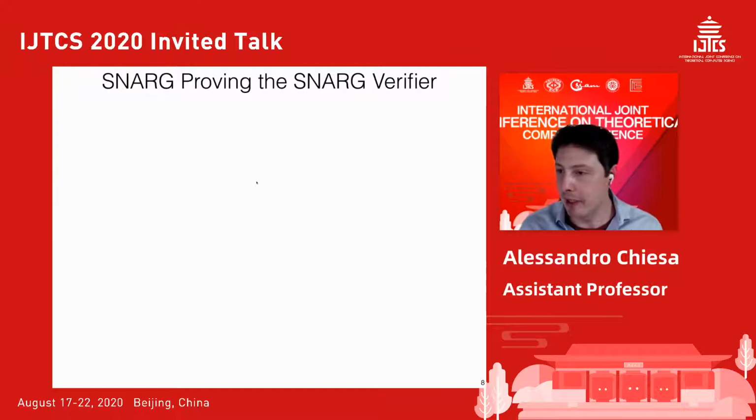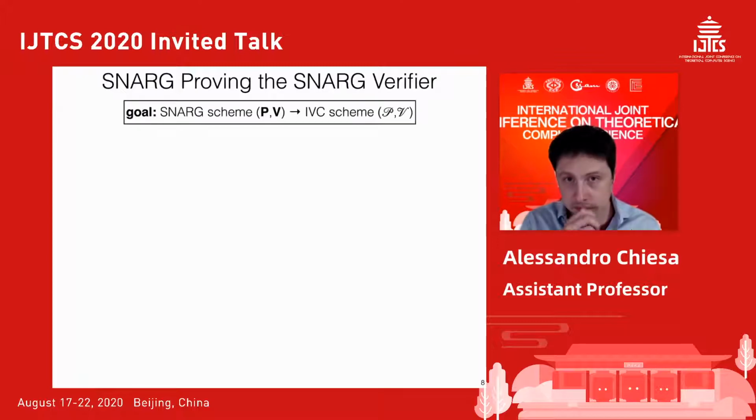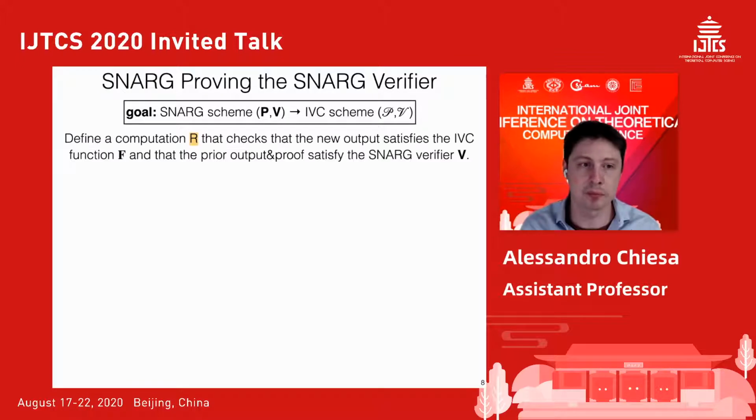As I have already alluded to at the beginning of the talk, the high-level idea is that we're going to use the snark prover to prove something about the state transition as well as this snark verifier. Let's look into that in more detail. From a cryptographic standpoint, somebody hands us a snark scheme, and from it, we want to construct an IVC scheme.